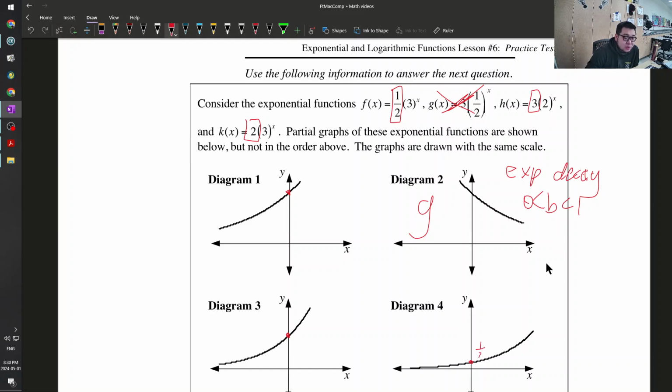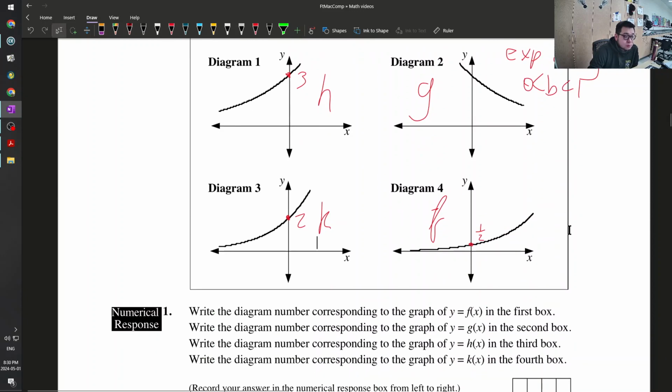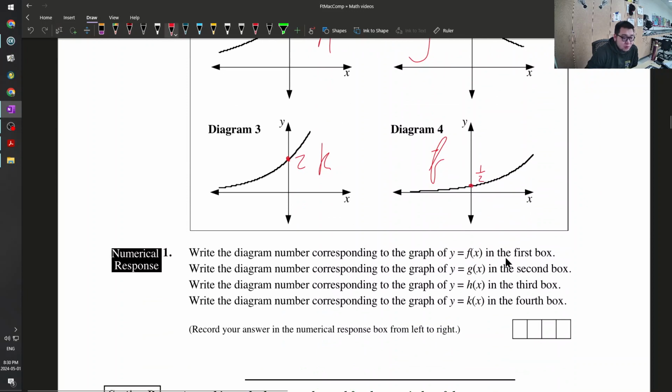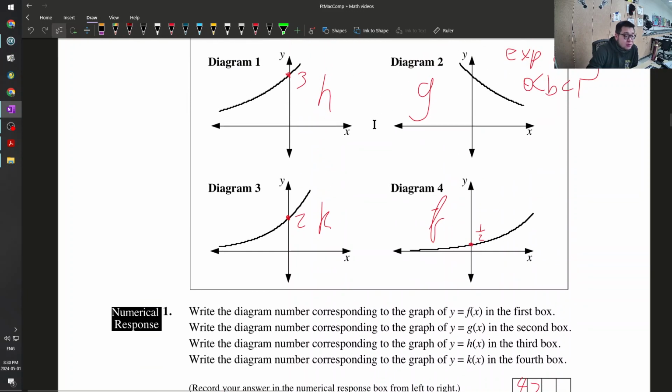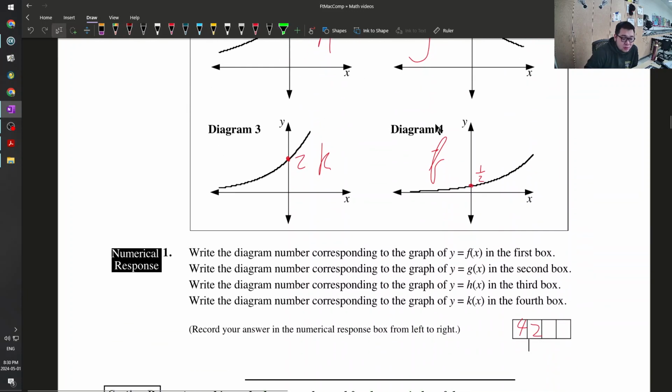The y-intercept is equal to 1/2, so this must be F. This y-intercept seems to be smaller than that, so this y-intercept must be 2, this one must be 3, so this one is H, this one is K. Okay, y equals f of x is 4, y equals g of x is 2, y equals h of x is 1, and then y equals k of x is 3.